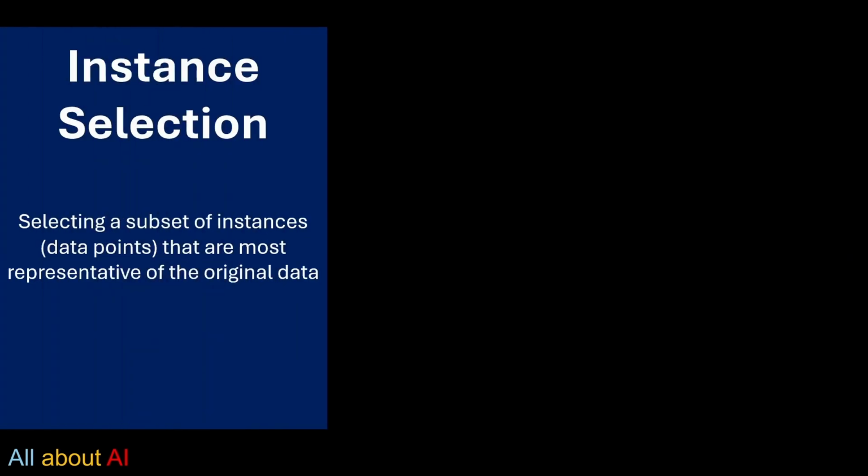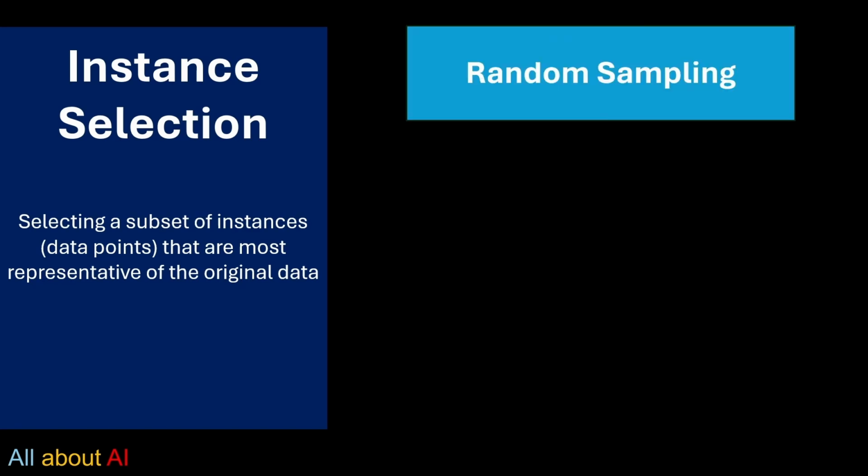Next, we have instance selection. It's selecting a subset of instances, data points, that are most representative of the original data. So far we have seen how to reduce the features. Here we are talking about the data points themselves. And mostly these are examples of sampling methods.